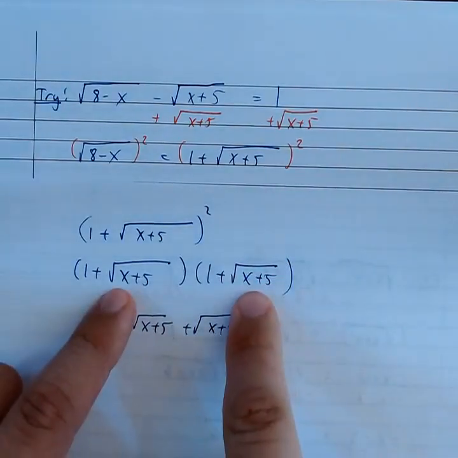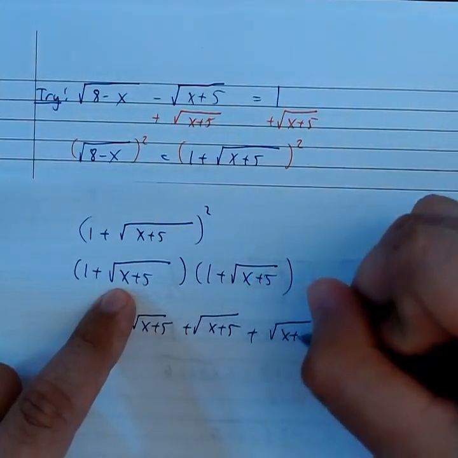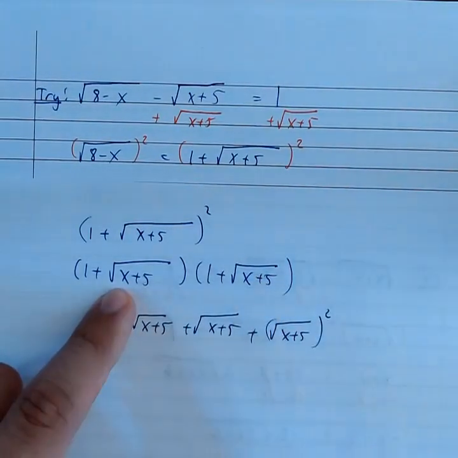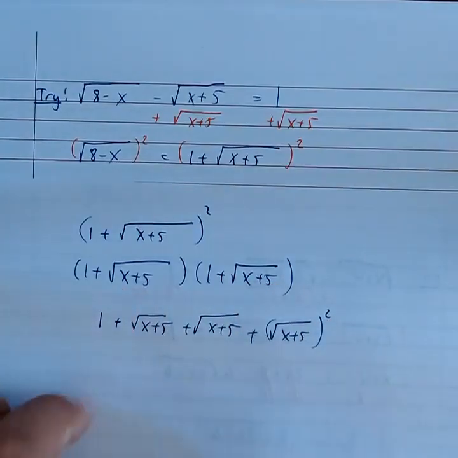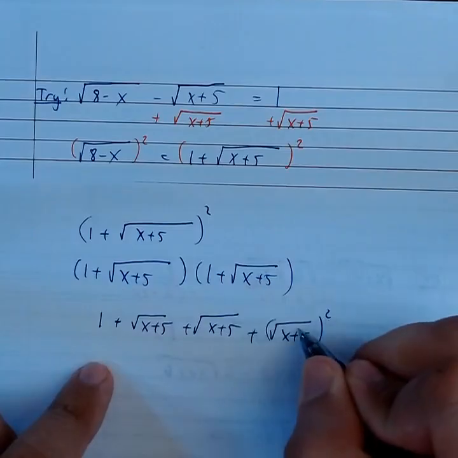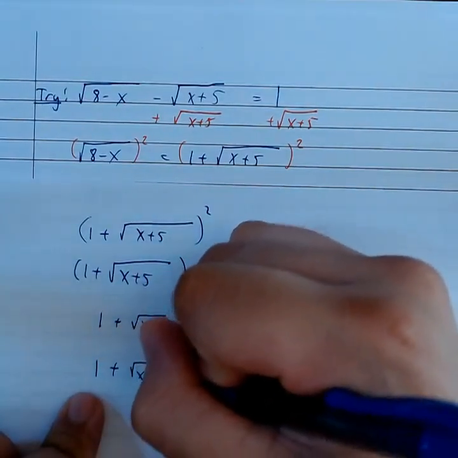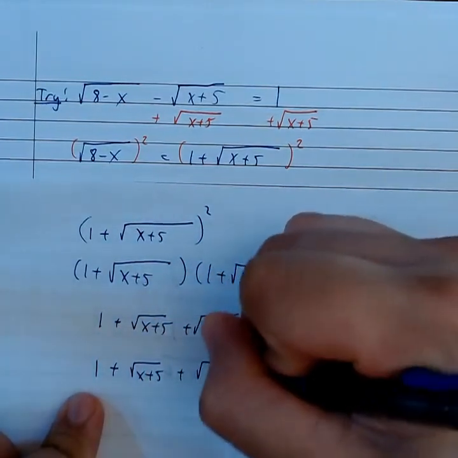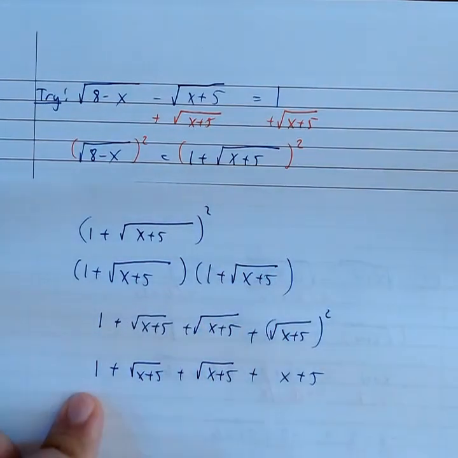And here, the square root of x plus 5 times the square root of x plus 5 is the square root of x plus 5, squared. Something times itself means you're squaring it. But now here, that square and that square root simplify out to give me just x plus 5. So that's going to be 1 plus the square root of x plus 5 plus another square root of x plus 5 plus x plus 5.